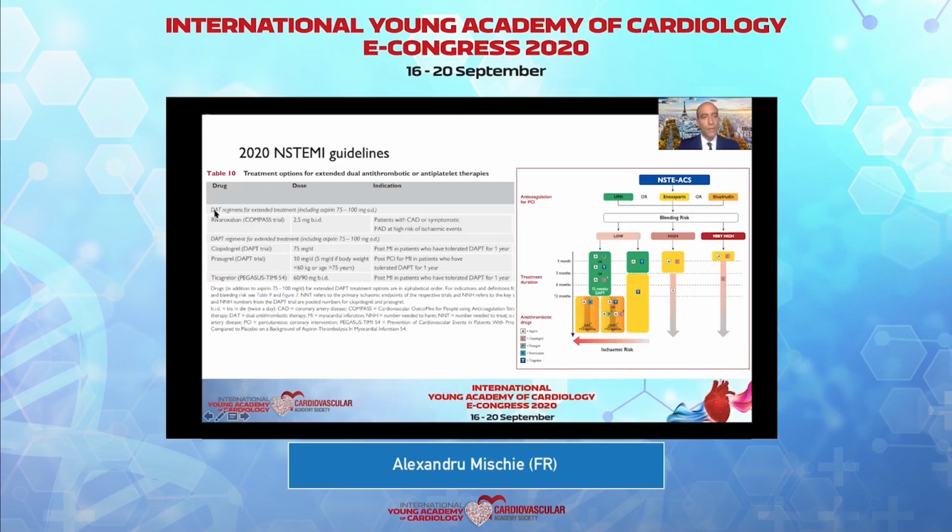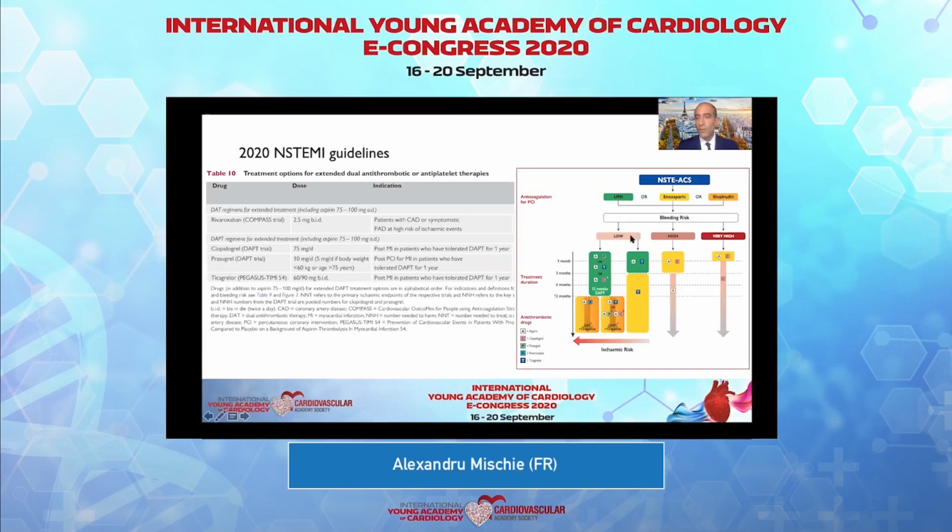We have the dual antithrombotic regimens for extended treatment, including aspirin 75 to 100, which can be with rivaroxaban 2.5 milligrams daily. We have DAPT regimens for extended treatment, including aspirin 75 to 100, plus clopidogrel 75 milligrams, that could be prasugrel, that could be ticagrelor in post-myocardial infarction.